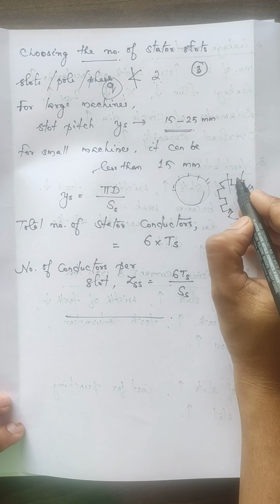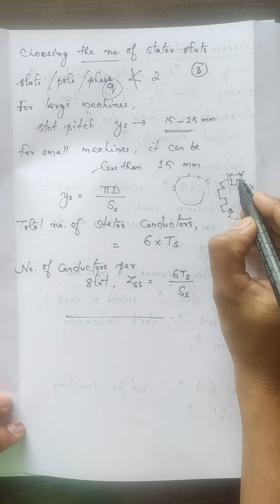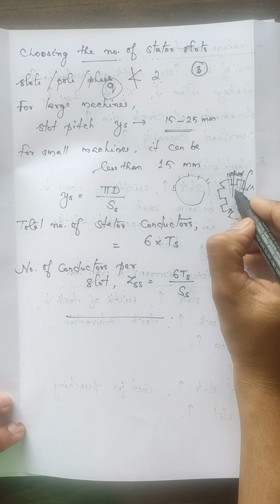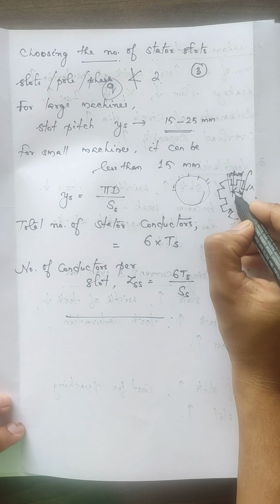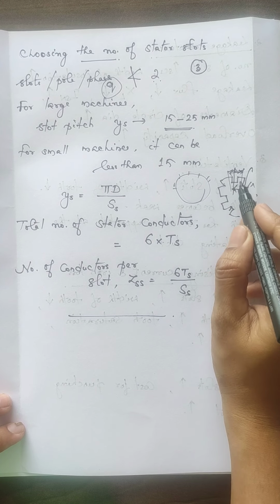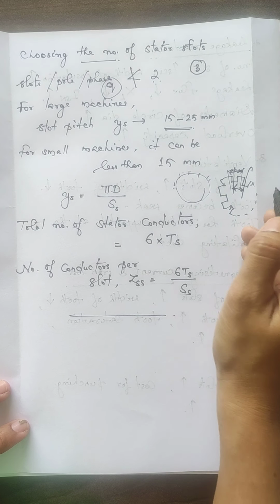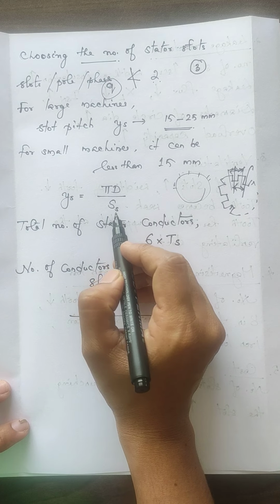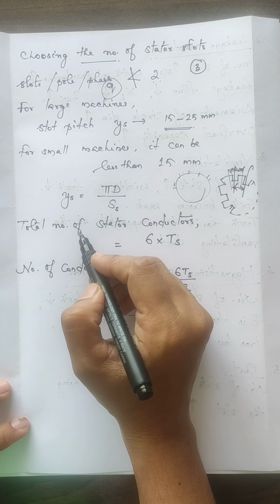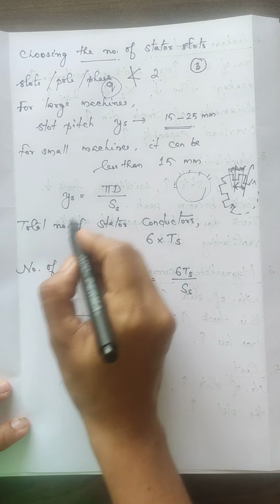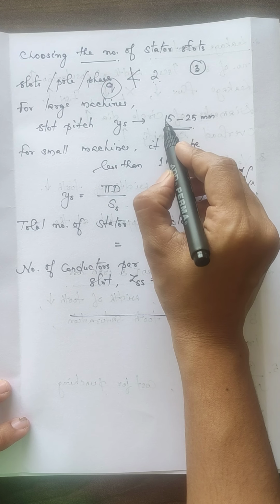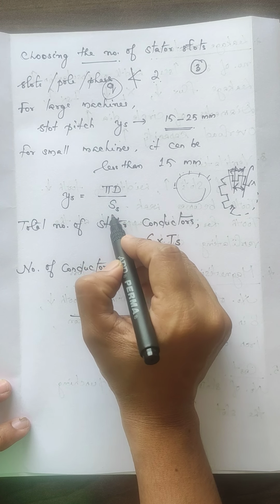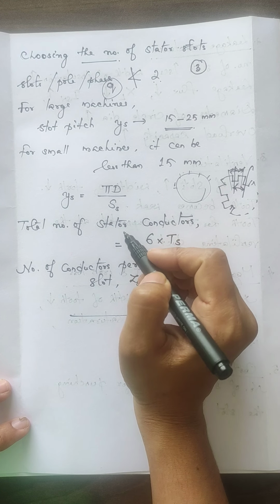This is the slot pitch. The equation is pi d by SS, where SS is the number of stator slots. So substitute the value in this range into this equation, and we can correspondingly calculate the total number of stator slots.